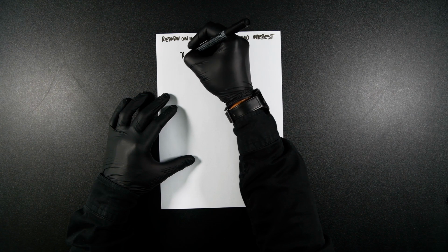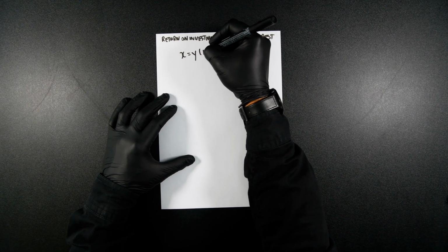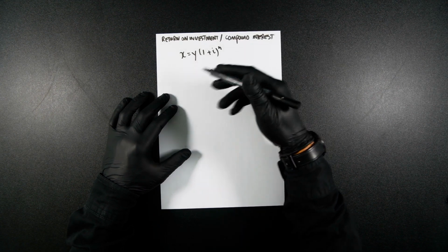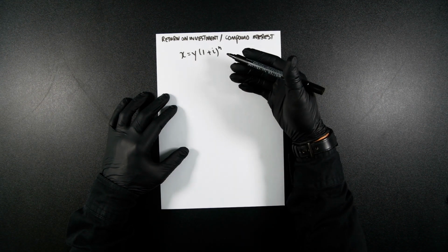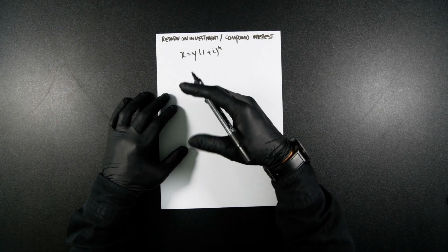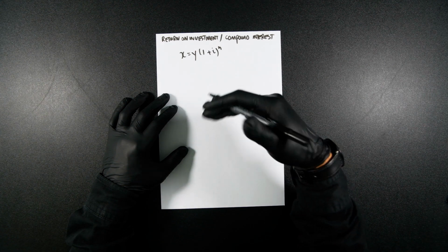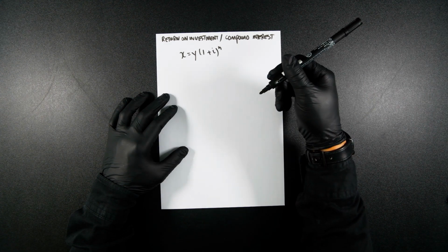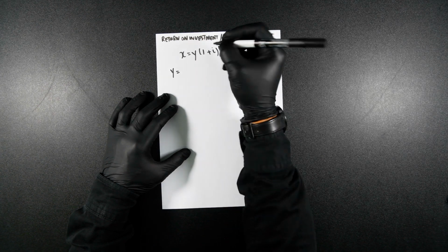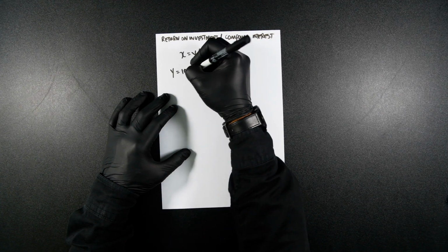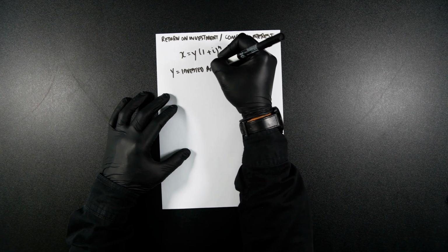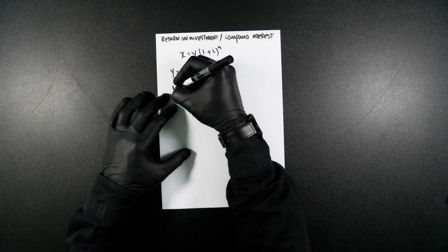So I'm going to use x = y(1 + i)^n. If that looks familiar, you can basically use any other term or letter to represent the same things, as long as your index, so the meaning of each term, is still the same. So y is the invested amount. 1 obviously doesn't need anything.